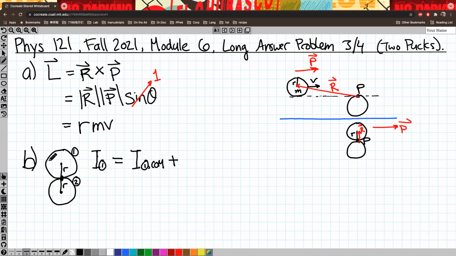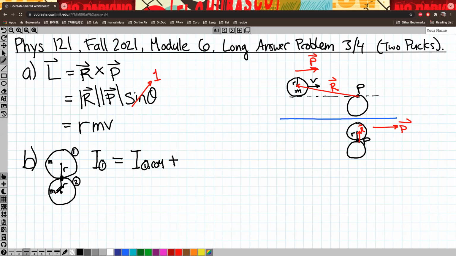Well, I'm just a bit confused on why you're using parallel axis theorem here exactly.